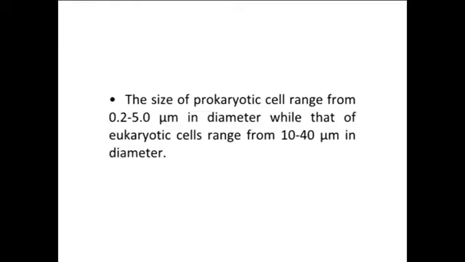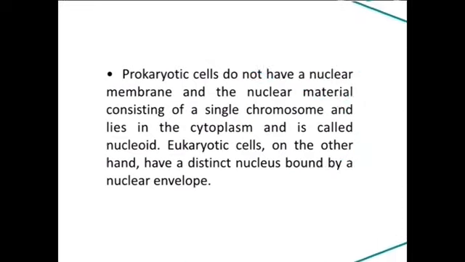First, the size of prokaryotic cells ranges from 0.2 to 5 micrometer in diameter, while that of eukaryotic cells ranges from 10 to 40 micrometer in diameter. Secondly, prokaryotic cells do not have a nuclear membrane, and the nuclear material consisting of a single chromosome lies in the cytoplasm and is called nucleoid.